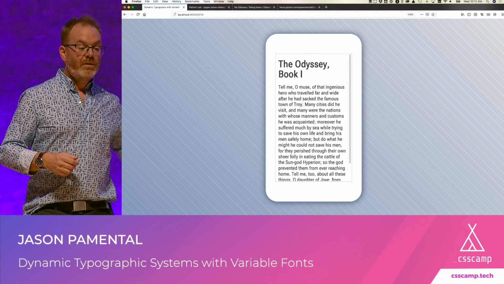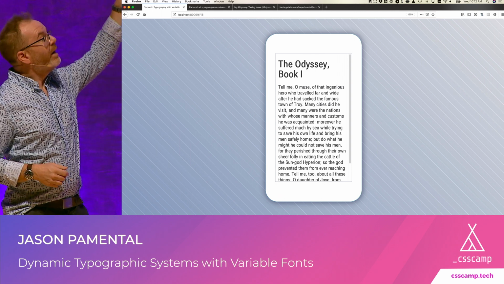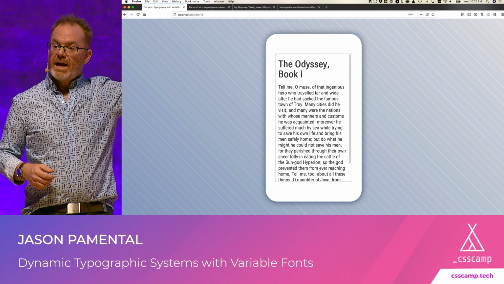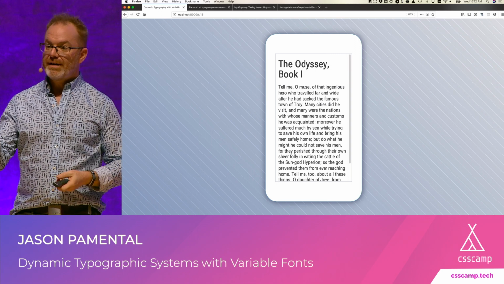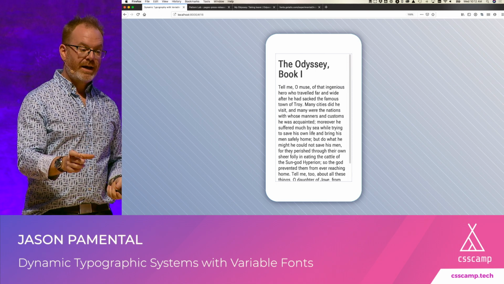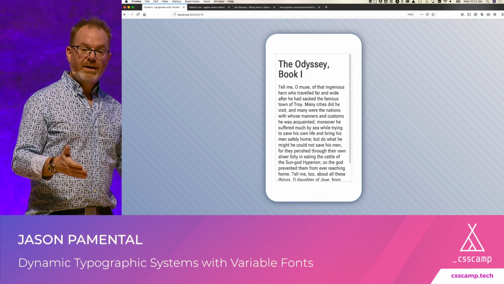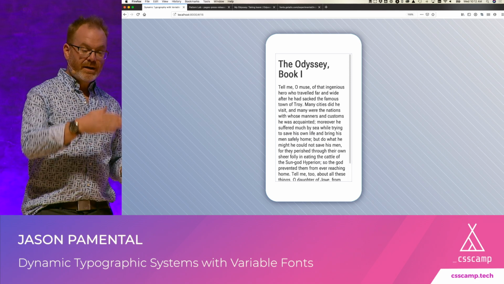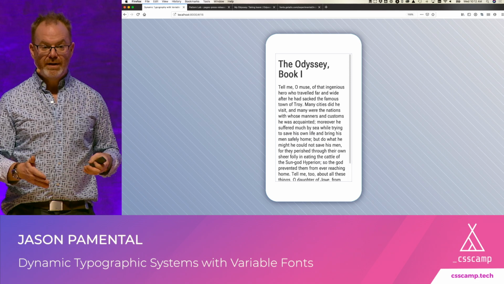Now, if you notice here, look at the width of the text in the header and on the body copy. What's happening here is I've narrowed the width of the characters ever so slightly so that I can have more characters per line to create more readable text. It's a smoother reading experience for the end user because they can get a better rhythm as they're reading.